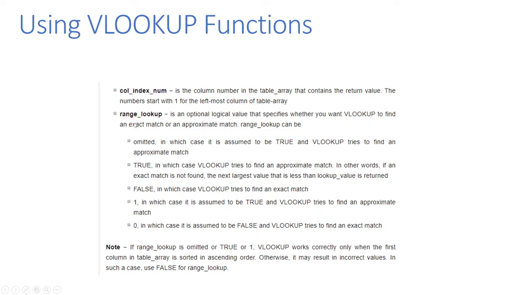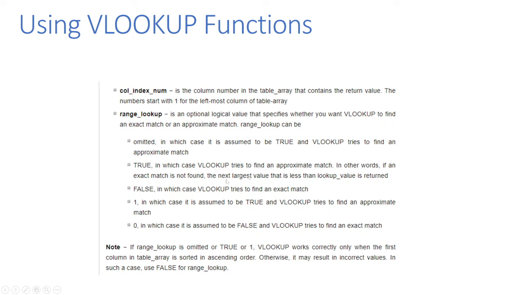The range lookup is an optional logical value, so it's true or false, that specifies whether you want VLOOKUP to find an exact match or an approximate match. Range lookup can be omitted, in which case it is assumed to be true, and VLOOKUP tries to find an approximate match. So true, in which case VLOOKUP tries to find an approximate match.